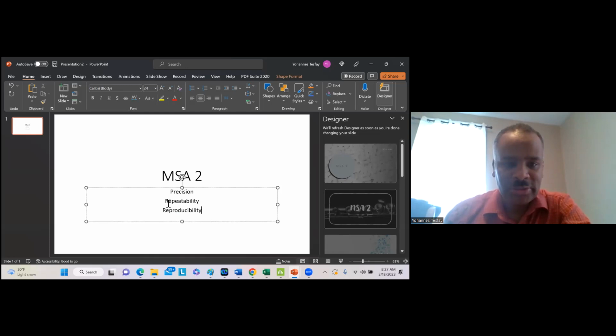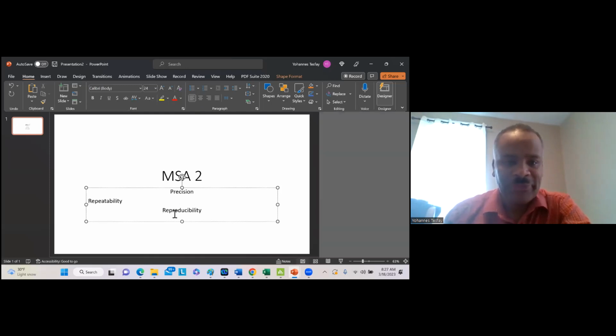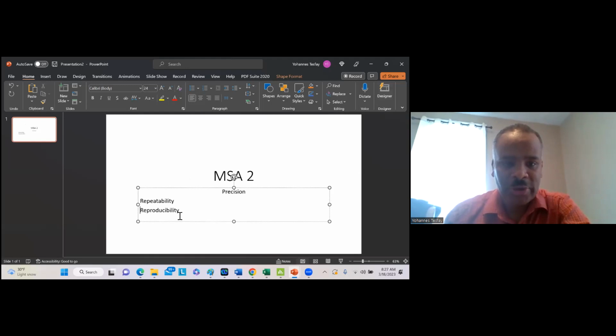This is the variation of the gauge. When we say gauge repeatability, this is the consistency of the gauge. And gauge reproducibility is the consistency of operators who use the gauging system.